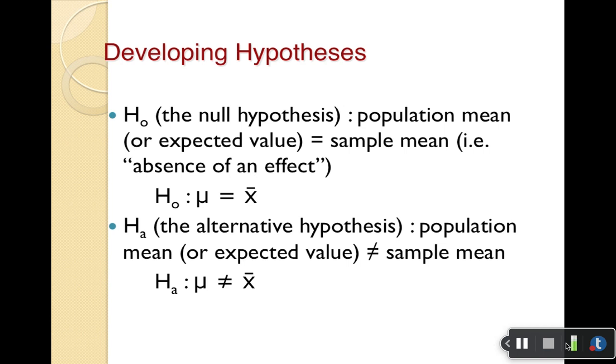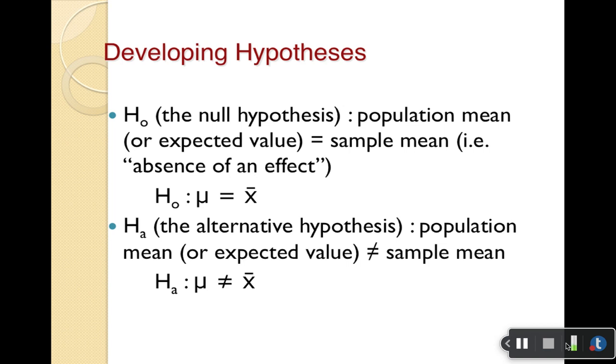The null hypothesis means just that: null, nothing, the absence of an effect. So in this case, it's saying that the population mean would be identical to the sample mean. So the notation is H sub 0: the population mean, or the Greek letter mu, equals the sample mean, the X with the bar over it. So the null hypothesis is always saying that there would be no effect.